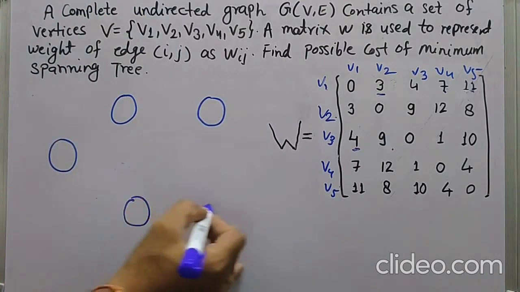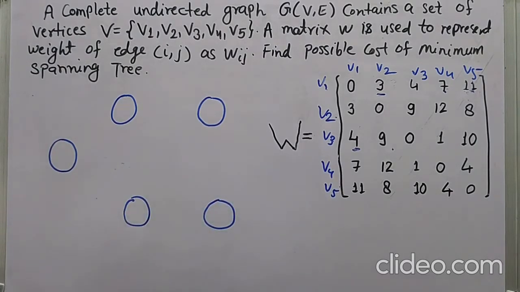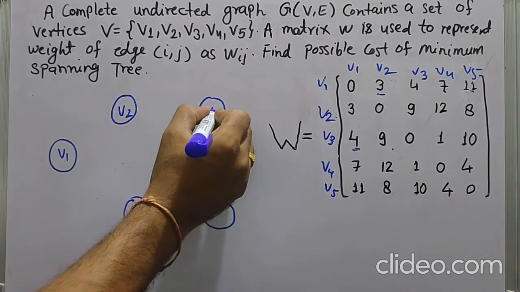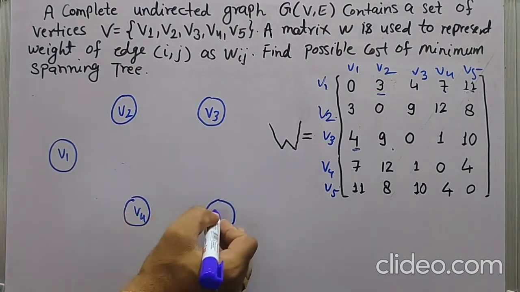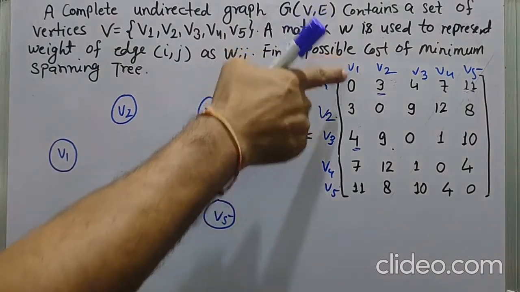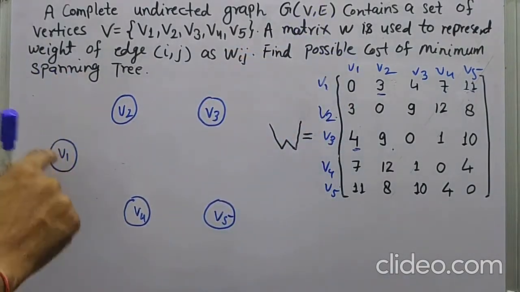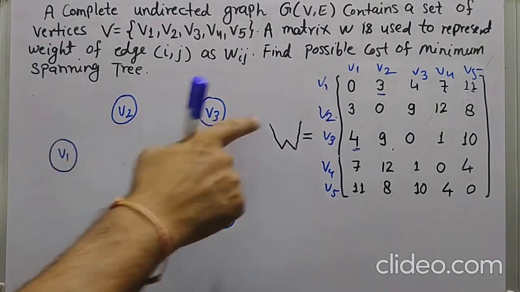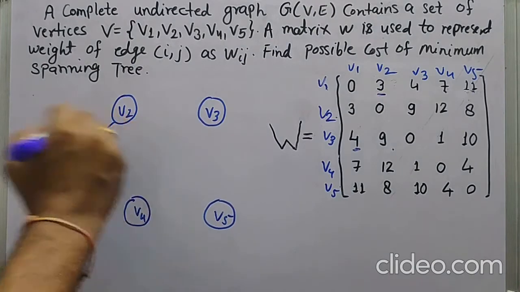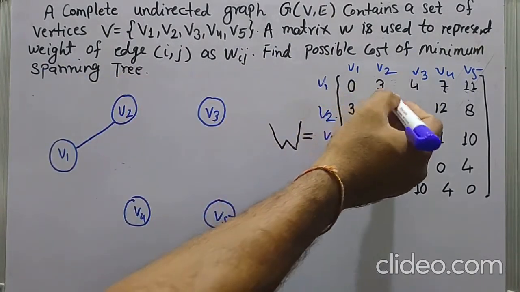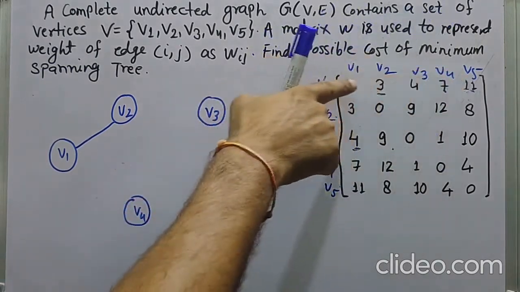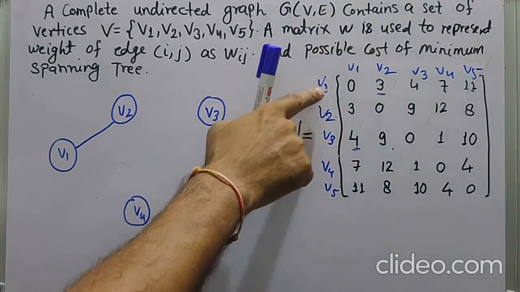So 5 vertices are there, and you can name them V1, V2, V3, V4, V5. Start with V1. V1 to V1 is 0, so no edge exists from V1 to V1. Now V1 to V2, yes, there is an edge. The row represents the source and the column represents the destination.